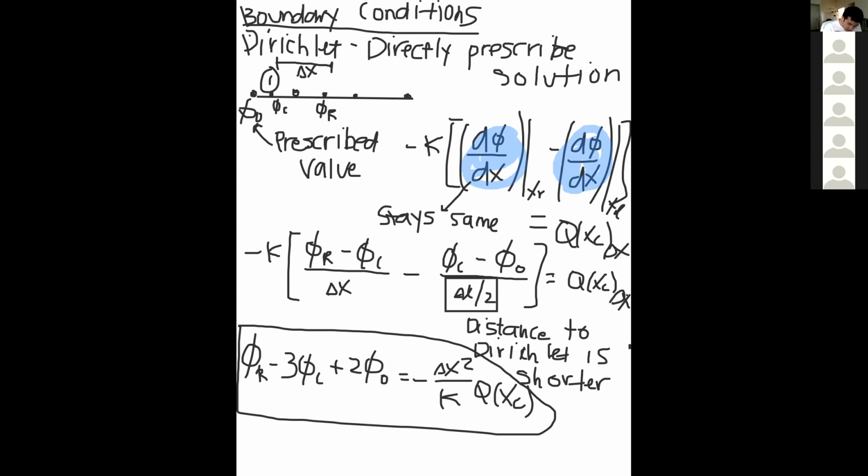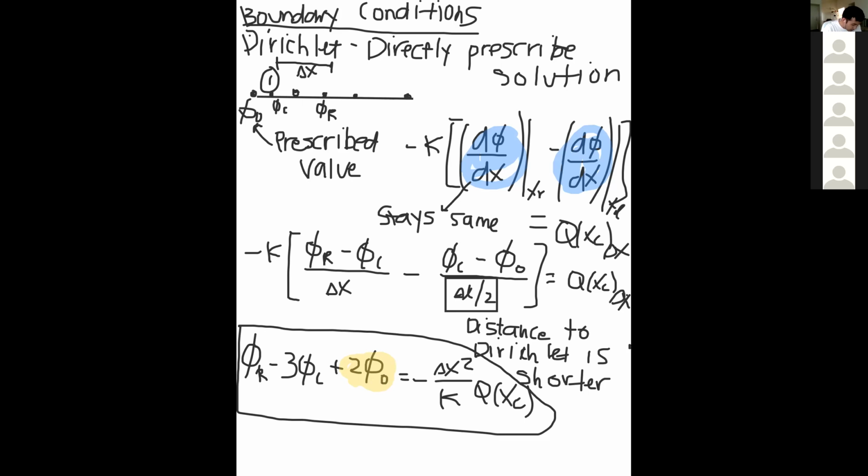But there's something interesting here. Normally this is where we would stop if we were at an interior node, but we're not at an interior node. In particular, I want to draw your attention to this term right here. This term is 2 times phi naught, where phi naught is our prescribed value. What's unique about this term is that we know everything about it.